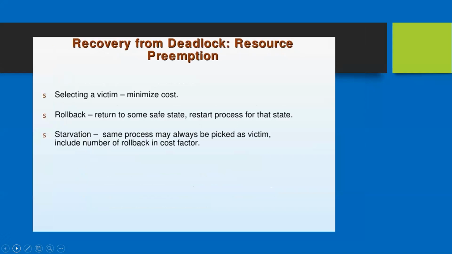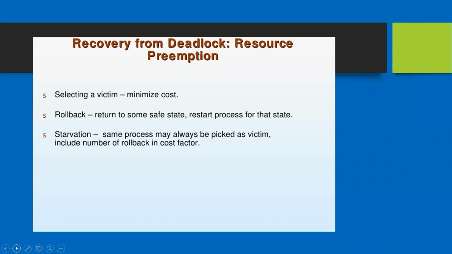Resource preemption. What is preemption? You have learned preemptive processes and non-preemptive processes. Preemptive processes are those which can be stopped. Selecting a victim: minimize cost. It means only the process that is creating the deadlock is selected and the cost is minimized.